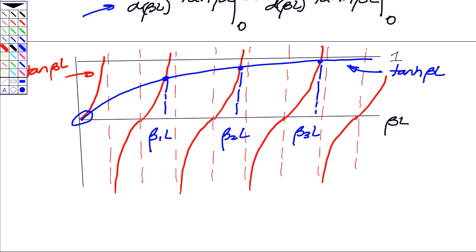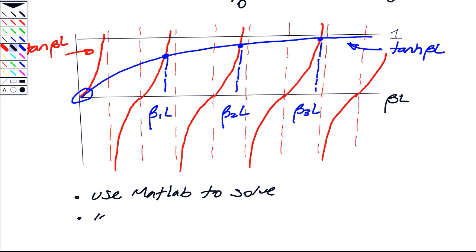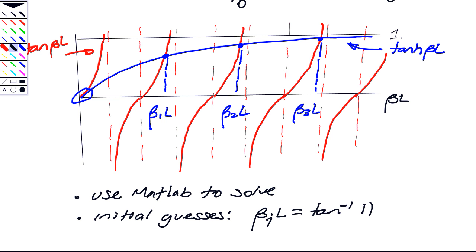So there are no closed form solutions for this, so we will use, as we have in the past, MATLAB to solve. In order to use the functions there in MATLAB, we need to provide it with some initial guesses for the appropriate roots. So the initial guesses we would make are values of beta j L, which are the inverse tan of 1, the different roots of that.